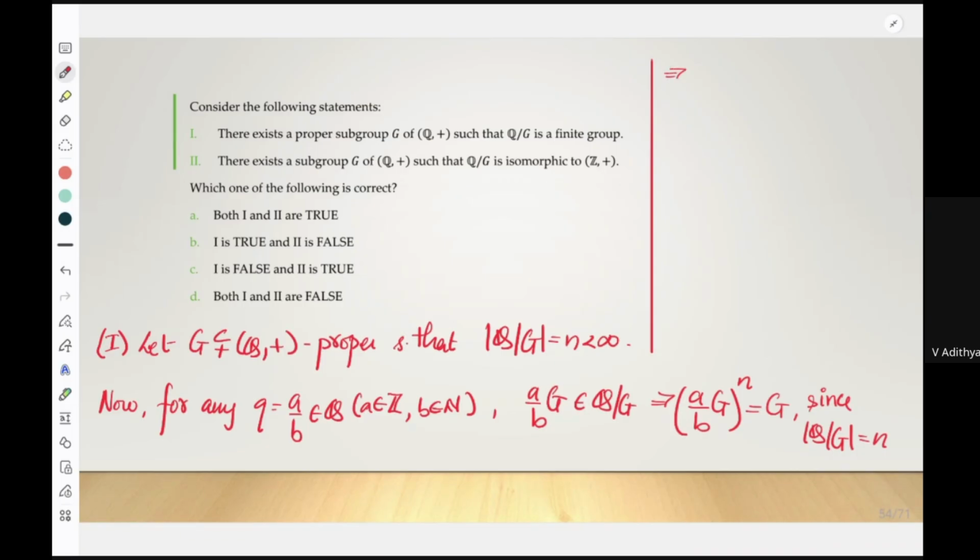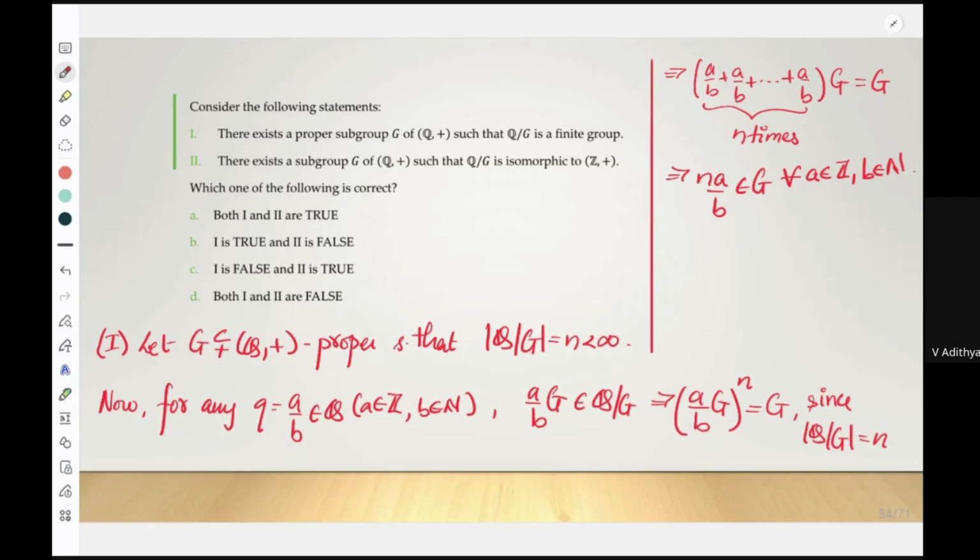So what do you get from here? It's a quotient with addition, so this would just be a by b plus a by b, n times, plus G, is equal to G. This implies n times a by b belongs to G for all a in Z, b in natural numbers.